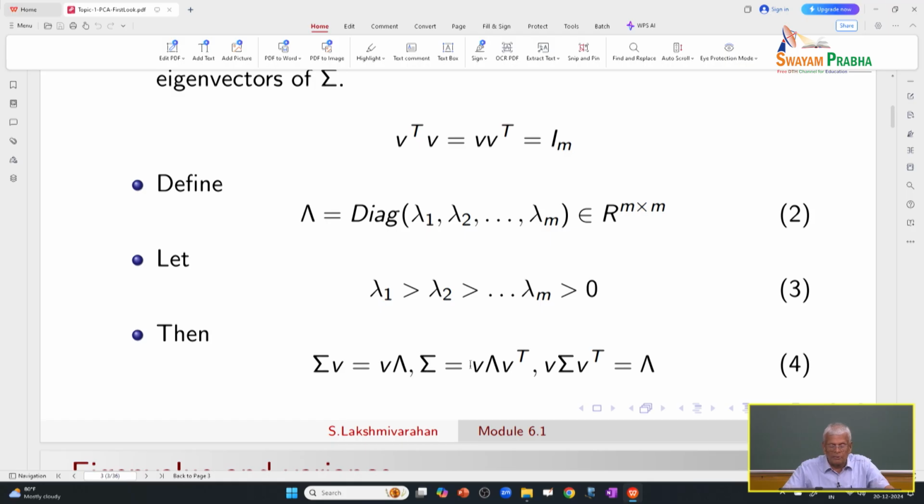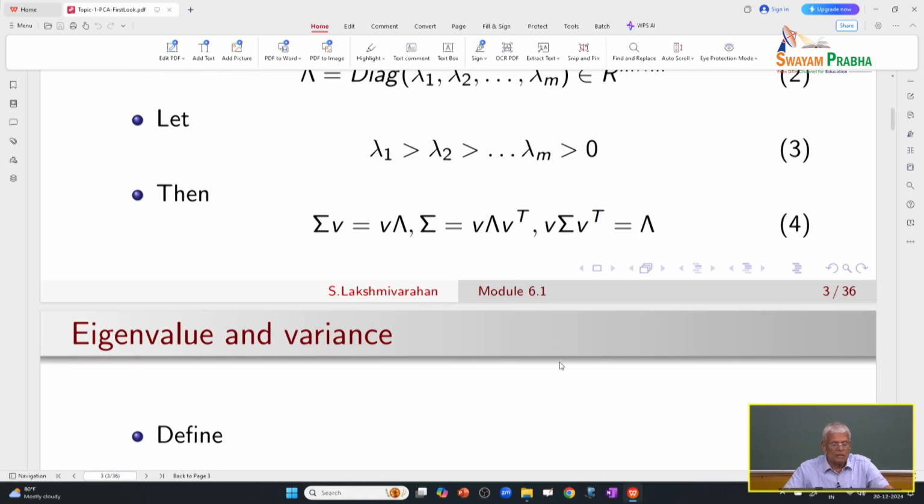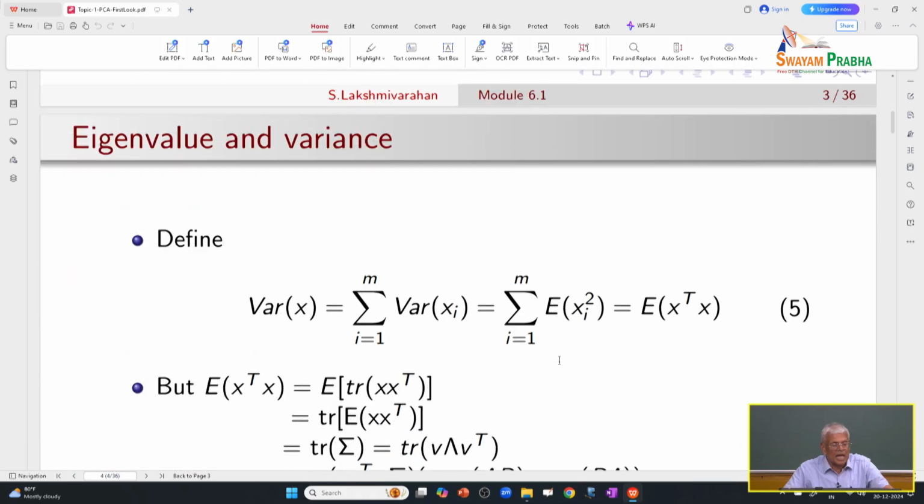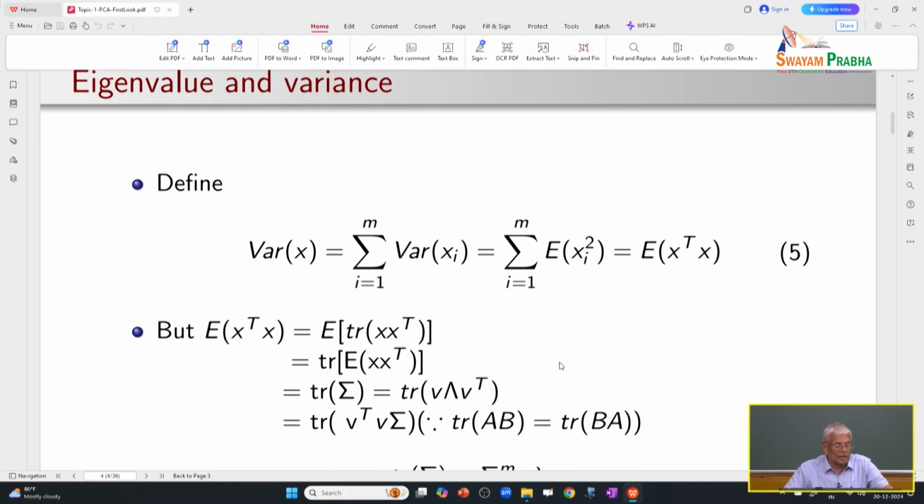Therefore, sigma is equal to V lambda V transpose, and V transpose sigma V is lambda. So I can express sigma in terms of V and lambda, and I can express lambda in terms of sigma and V. Both the relations are simultaneously true. That's the content of equation 4. We have already seen this a couple of different times in the earlier modules.